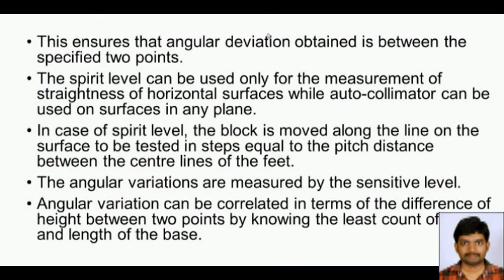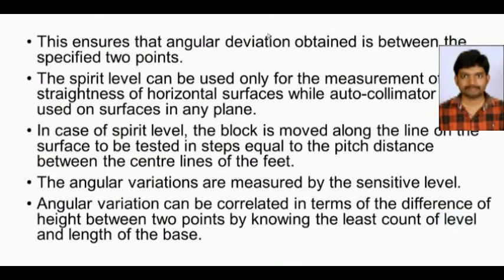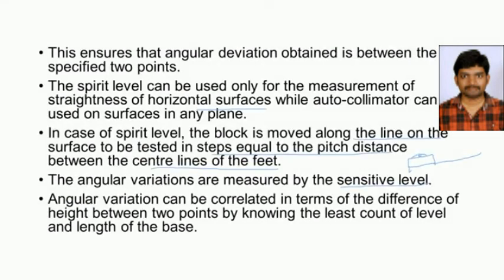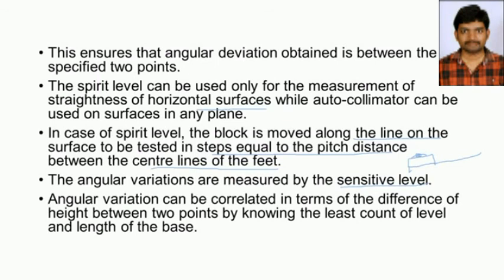So in case of spirit level, the block is moved along the line on the surface to be tested in steps equal to the pitch distance between the center lines of the feet. The angular variations are measured by the sensitive level. So that means in the first position, the reading of the spirit level should be noted down, and then it is moved to the second section.